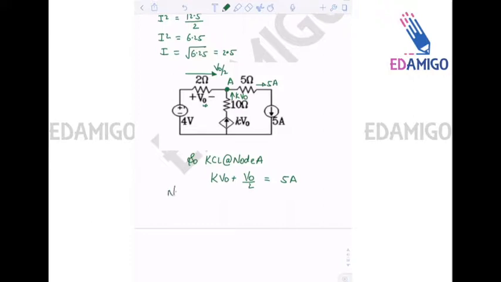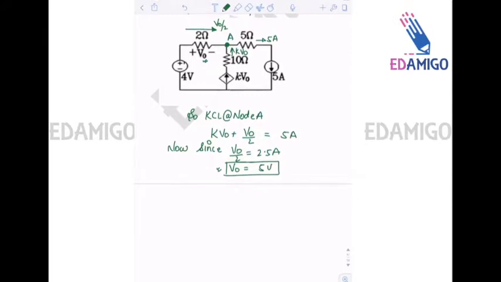Now, since current through the 2 ohm resistance has to be 2.5 amperes, I can say that V0 by 2 equals 2.5 amperes and V0 is equal to 5 volts. So is it clear?